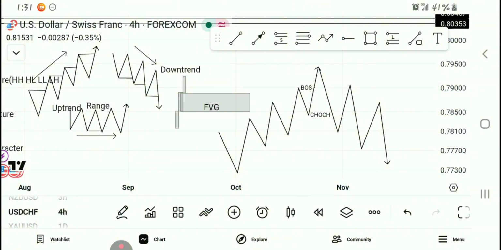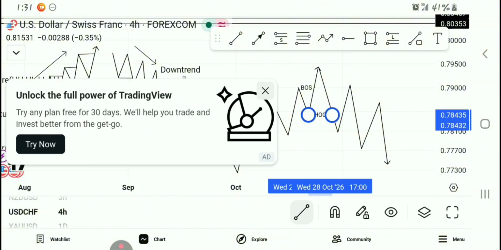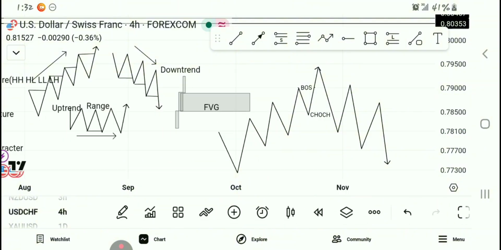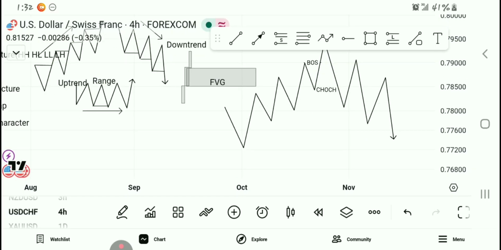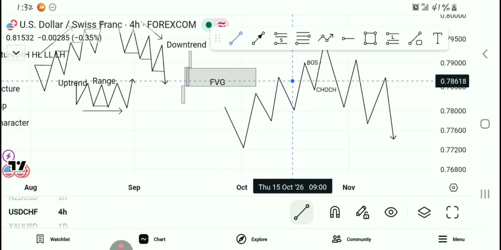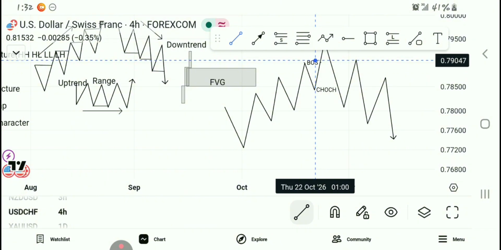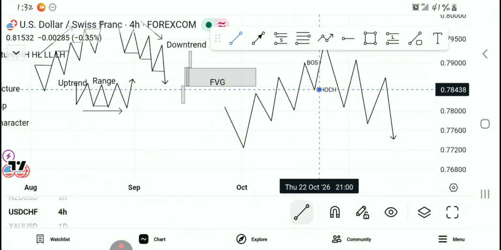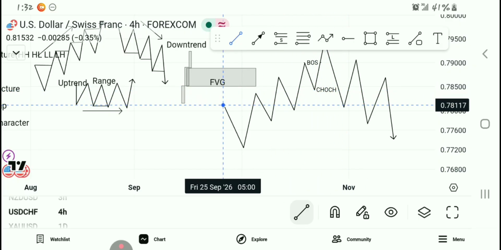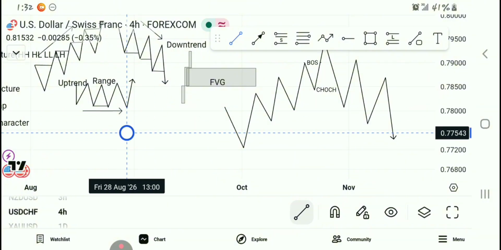So this is a change of character because it's in the opposite of the BOS, and the trend was actually an uptrend before. It was going up, so the BOS is facing up. And once you notice that suddenly the market's BOS changed down like this, creating a BOS down here, note that there is a change of character.